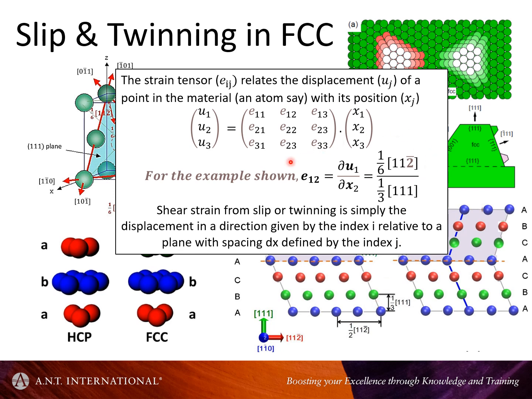And so the shear in this particular instance, if we're talking about a single shear operation, because we're dealing with each 1/6 [11̄2] corresponding to each 1/3 [111], so you go along this amount for each spacing, which is given by this value, 1/3 [111], and that is the shear strain.